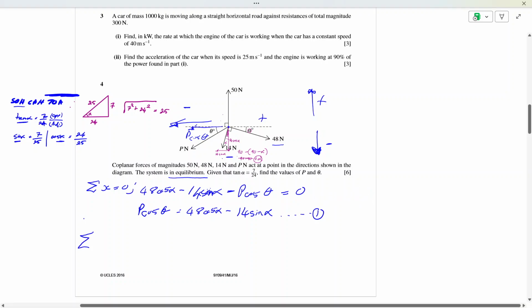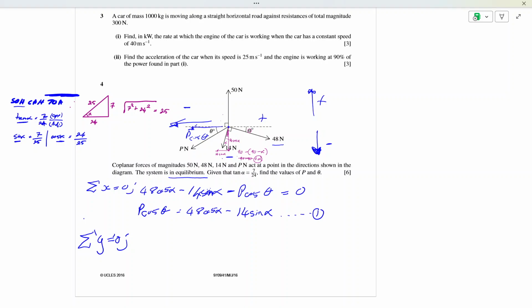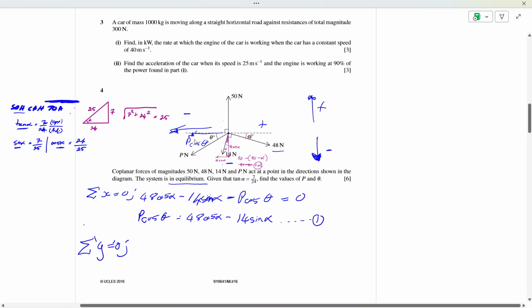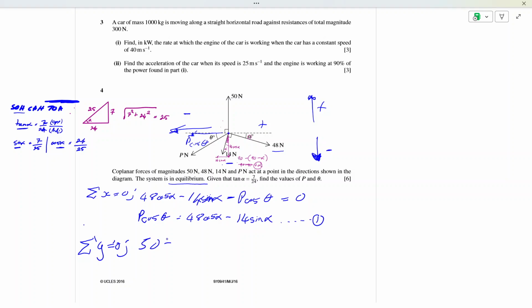And then I'm going to do the same thing in the y direction. I know that it is equal to 0, since it's in equilibrium, the forces in the upward direction and the downward direction cancel out. So in the upward direction, I have 50 as a first force. Then I'm going to resolve the P Newton force in the y direction going down. It's going to be negative P sine theta. And then the 14 Newton force in the downward direction will be 14 cos alpha.